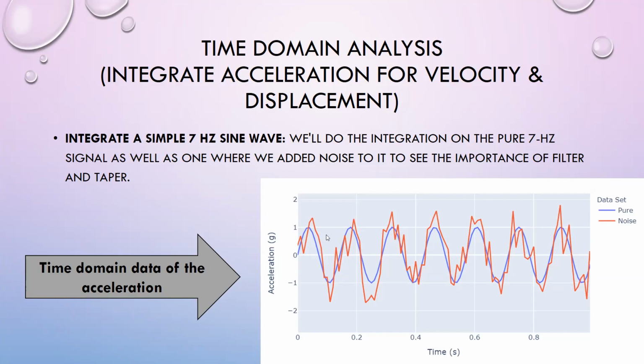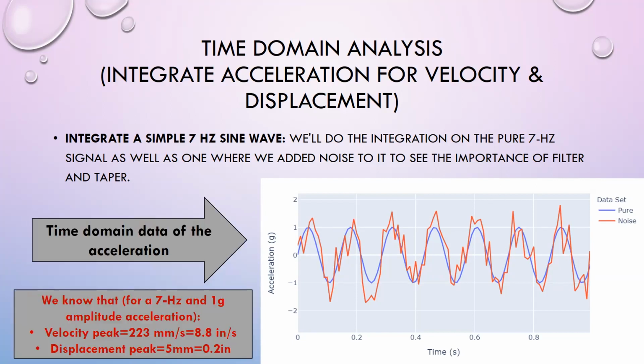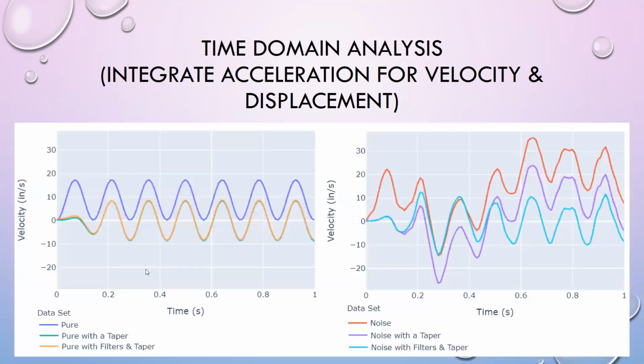When you want to do the analysis, you should consider this noise. So here, if we want to calculate the integral and find the velocity for this system, you can see the results.